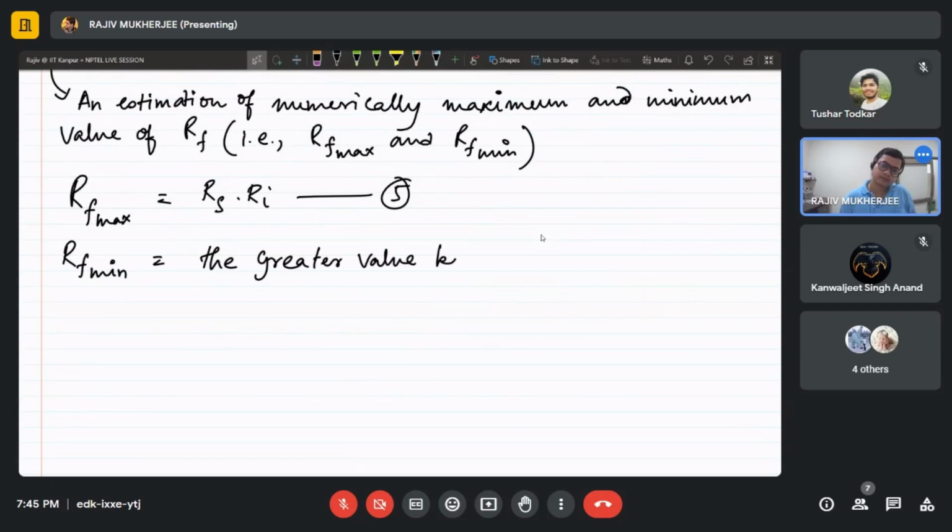So whichever value is greater, we will use that one to calculate the minimum value of RF, I mean the final aspect ratio.